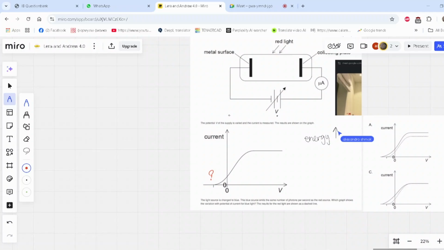Red light has less frequency and longer wavelengths. Absolutely opposite.